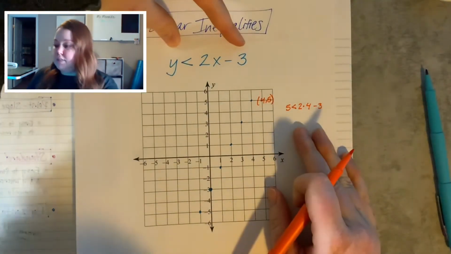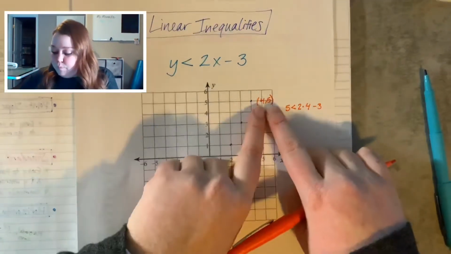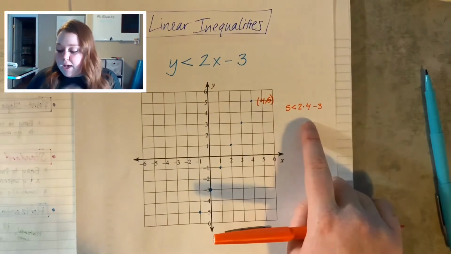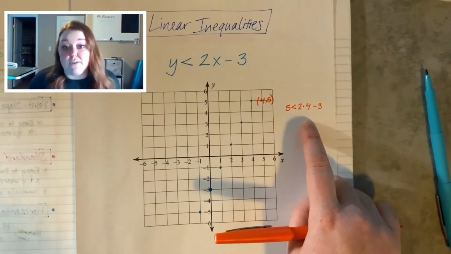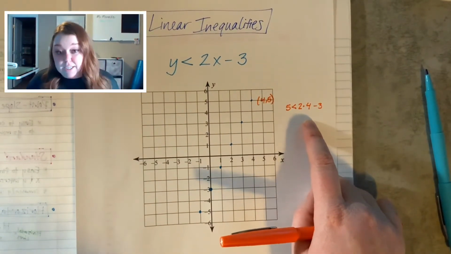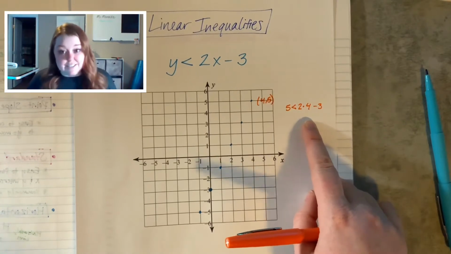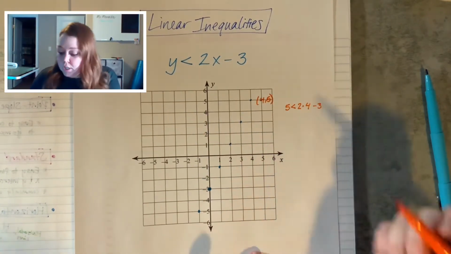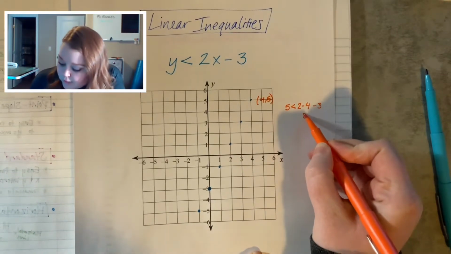So I'm taking this inequality and I'm plugging in the 5 for the y value and the 4 for the x value. And I want to see if this comes out as a true statement. If it comes out true, it's a solution. If it doesn't come out true, it's not a solution. So here we go. 2 times 4 is 8.